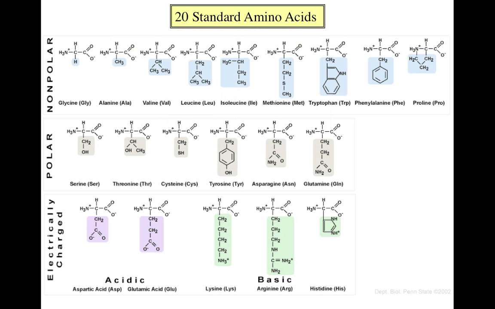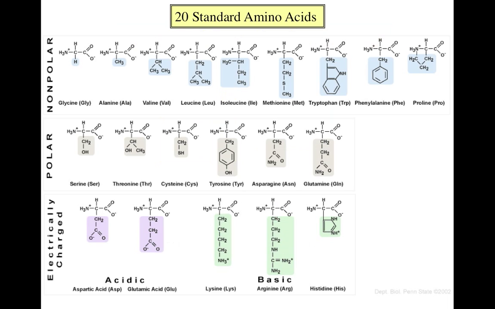You can see from this slide that all 20 amino acids have different R groups. Note that the simplest is glycine, with a single hydrogen atom as its R group. The amino acids here are separated into groups based on characteristics of their R groups. A number of them have R groups that are nonpolar, while others have polar R groups.